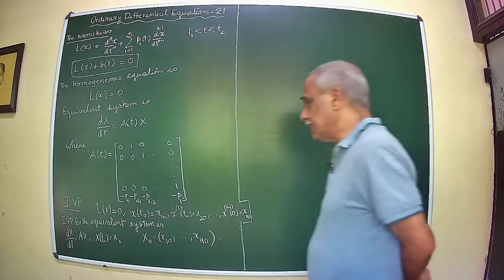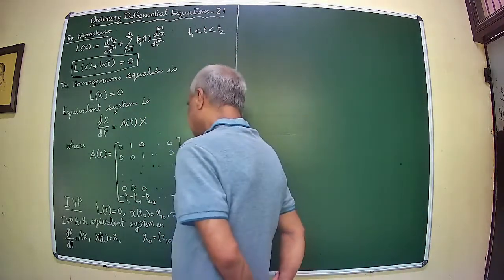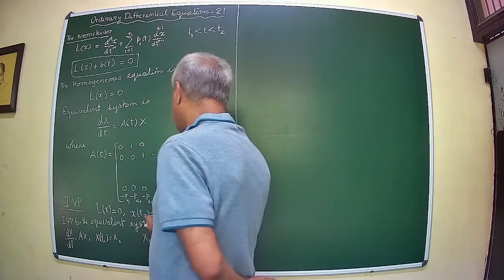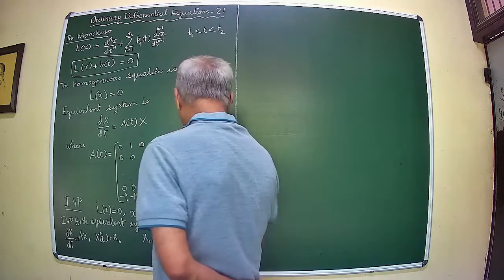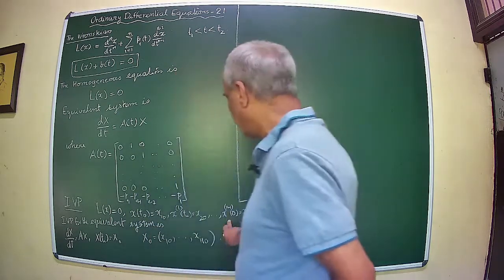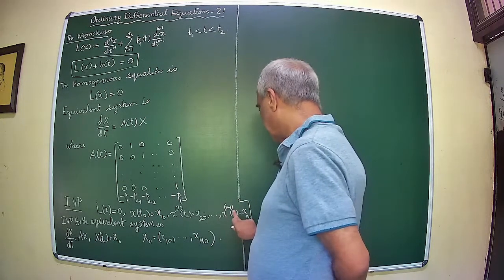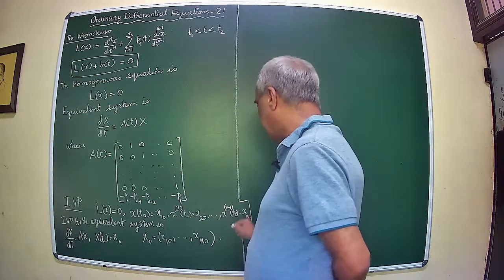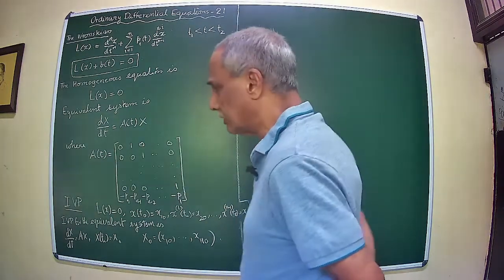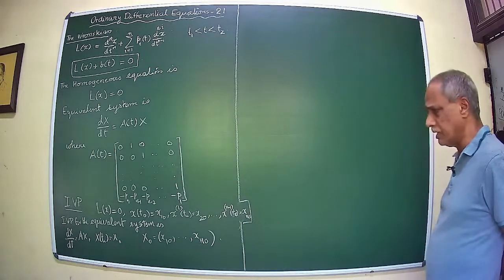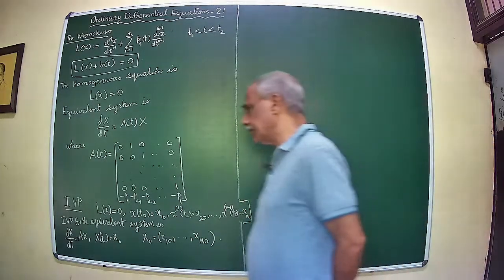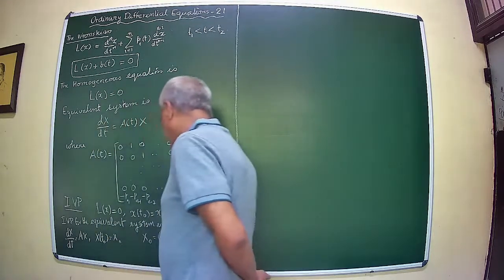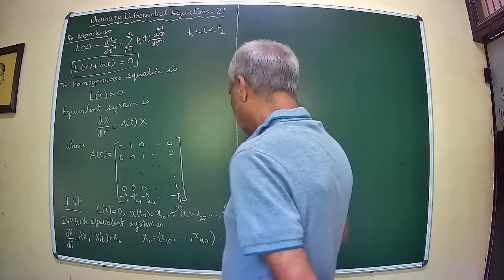Now, the initial value problem is x evaluated at some point t naught, and all its derivatives up to the order n minus 1 evaluated at the same point t naught on the interval t1 to t2. That's what is called the initial value problem. The corresponding system is dx by dt equal to Ax, where x t naught is x naught, where x naught is taken as these vectors.